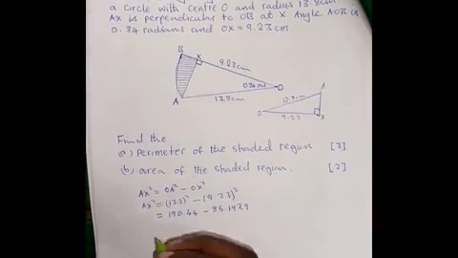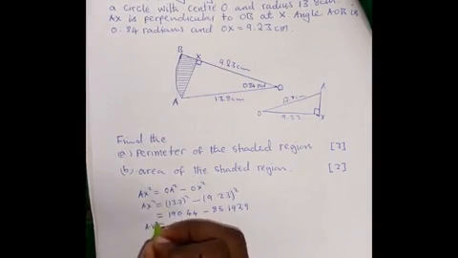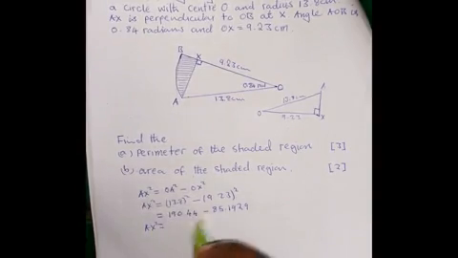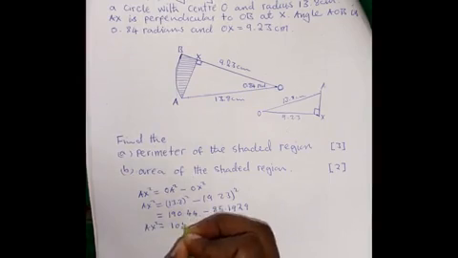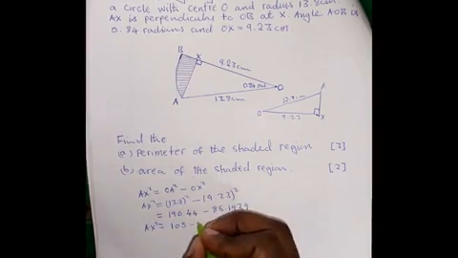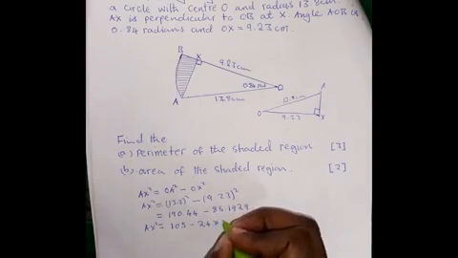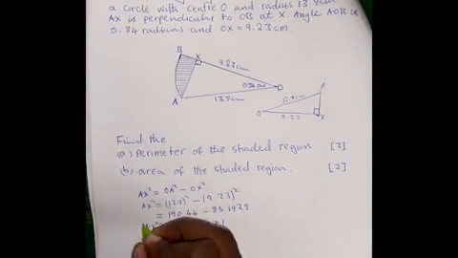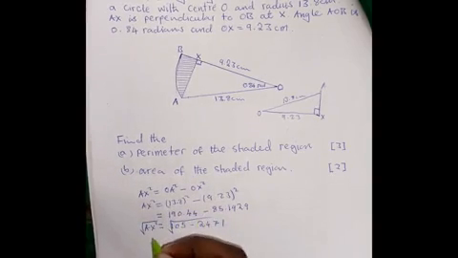This is AX, this side. So we need to find the difference, which gives us 105.2471. Then we introduce the square root. Then what do we get?